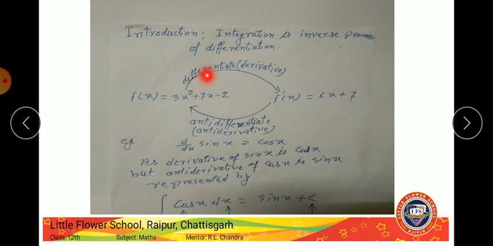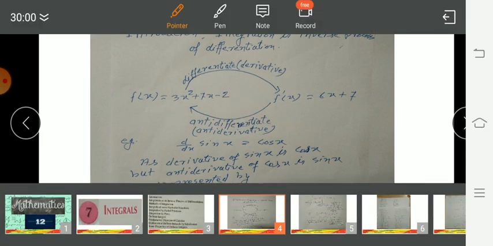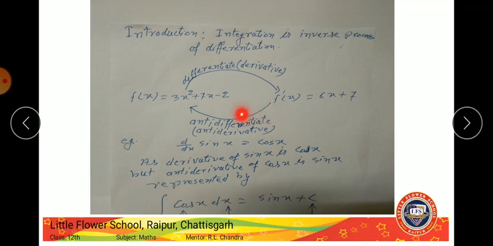We know that its differentiation is f dash x is equal to 6x plus 7. But its antiderivative is again 3x square plus 7x minus 2. This antiderivative is known as integration of the given function.